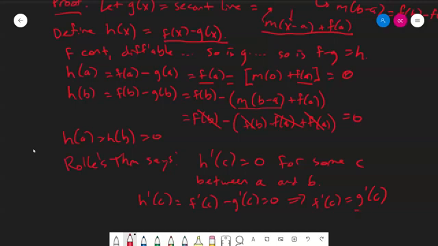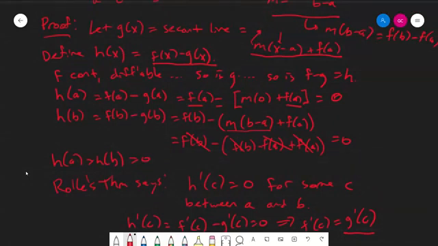But now what's g prime of c? Let me scroll back up just a minute here. G of x was this secant line. That's just a linear function. F of a is a constant, so when I take the derivative of g, that part's going to drop away. And then I have m times x minus a. So in fact, g prime of x is just m.